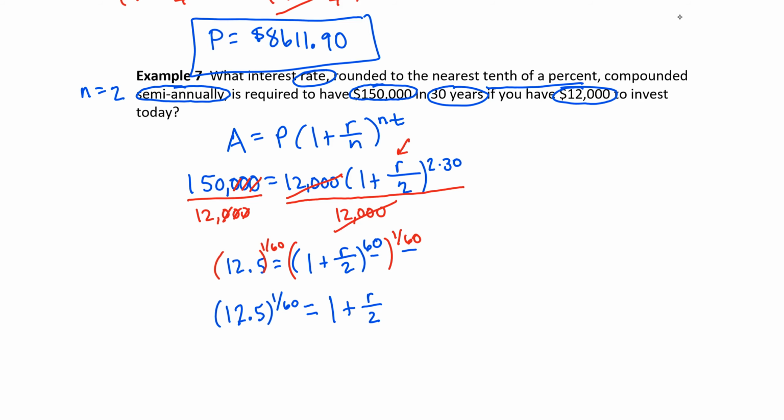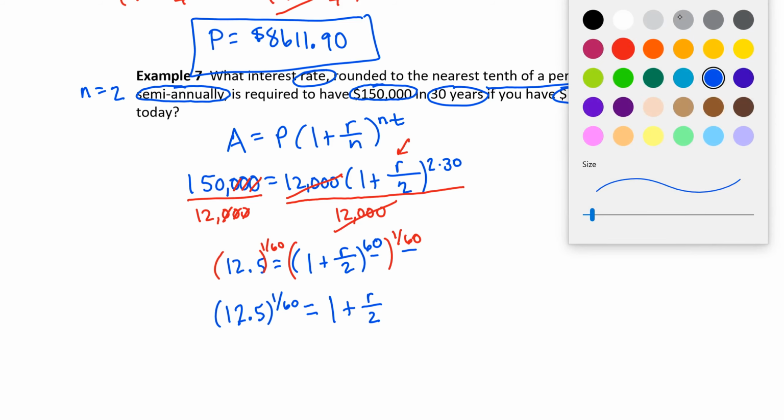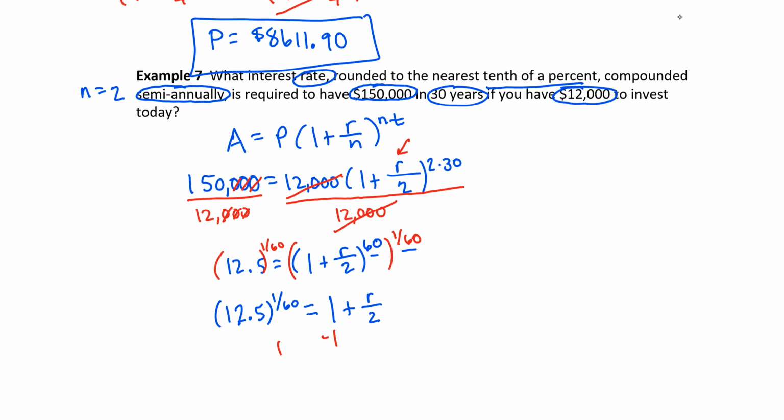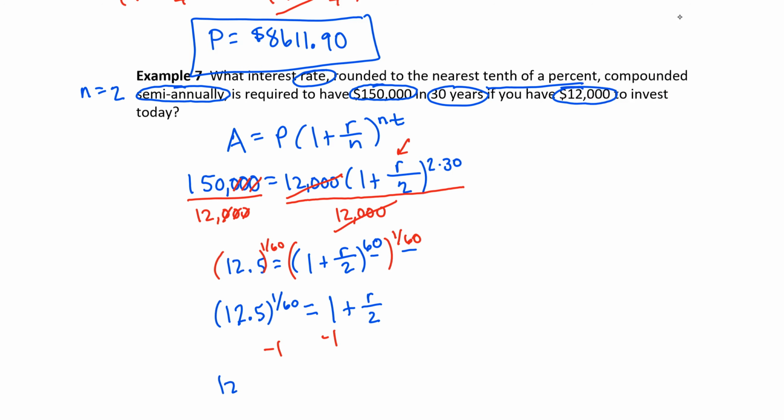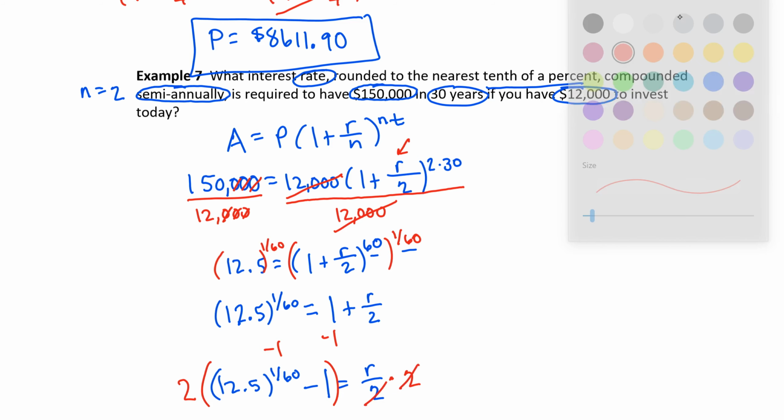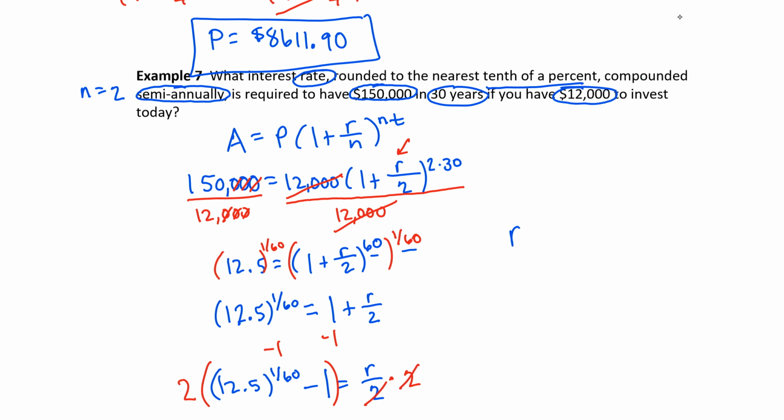Next thing we need to do is subtract 1 from both sides. We're working our way into that r. And we have 12.5 raised to the 1/60th minus 1 equals r over 2. The last thing that we need to do here to solve for r is to multiply both sides by 2. That's going to cancel over here, and we will have r at least in decimal form.